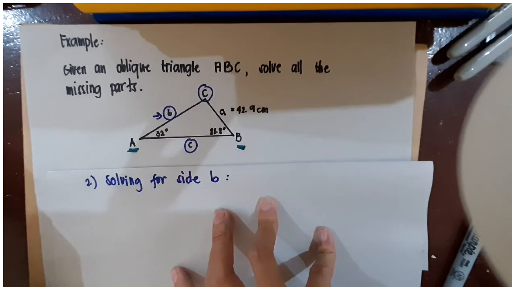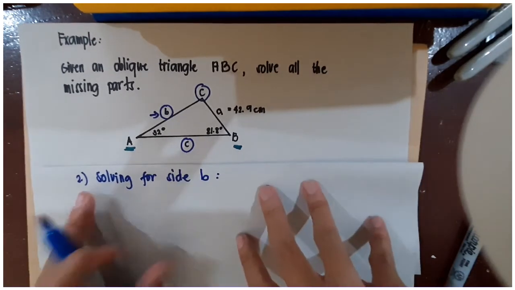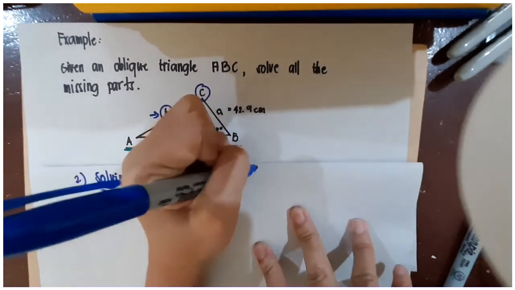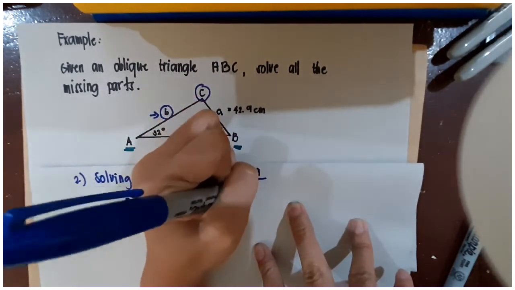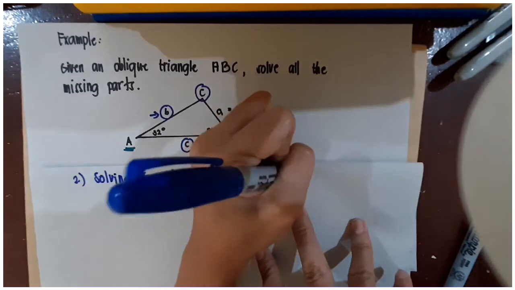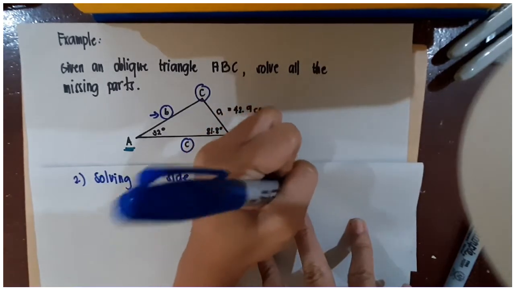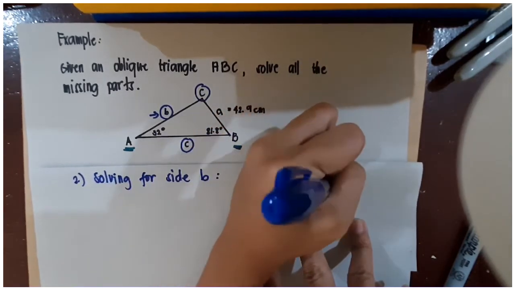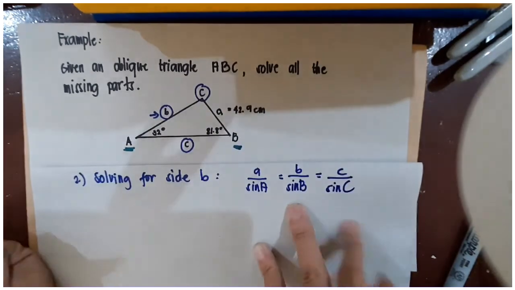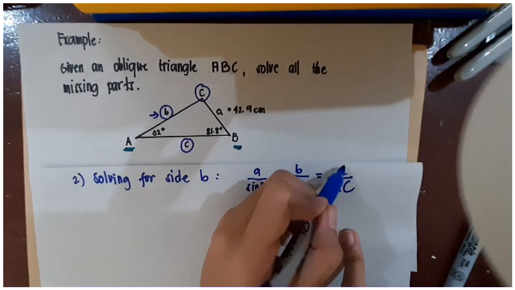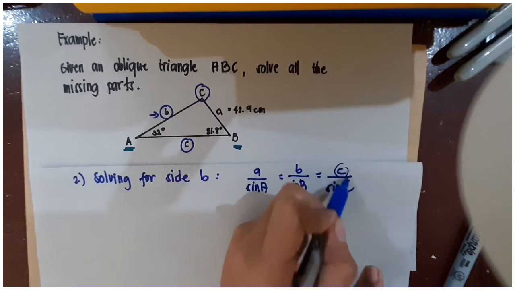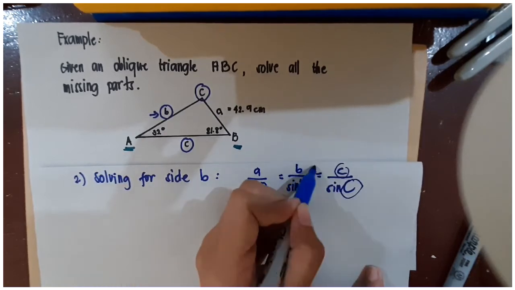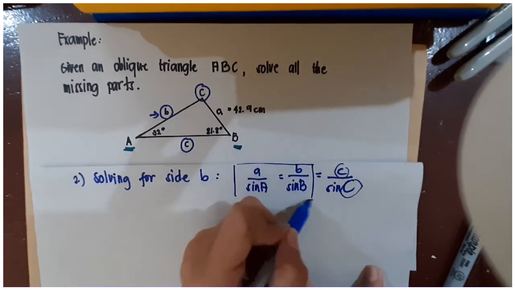Diba meron tayong law of sine natin, that's A over sine A, B over sine B, and then C over sine C. Since hindi given si C, ito yung gagamitin nating relationship.